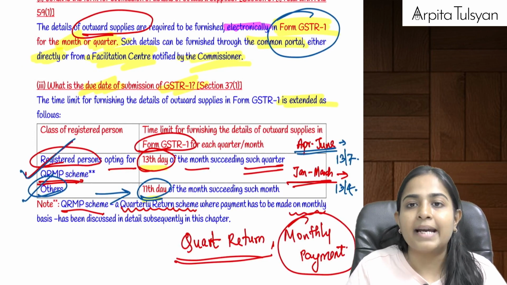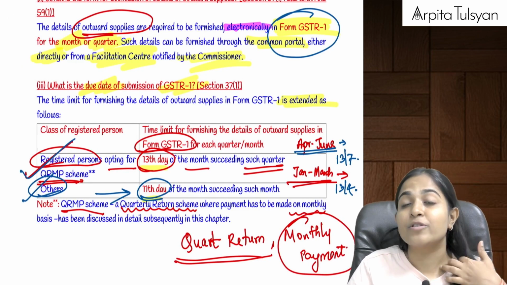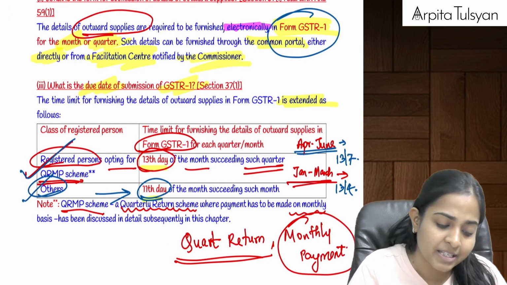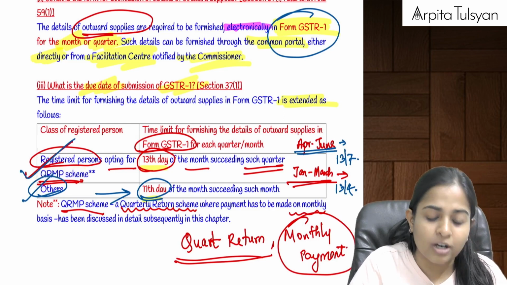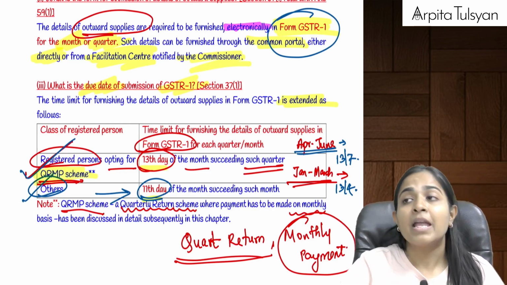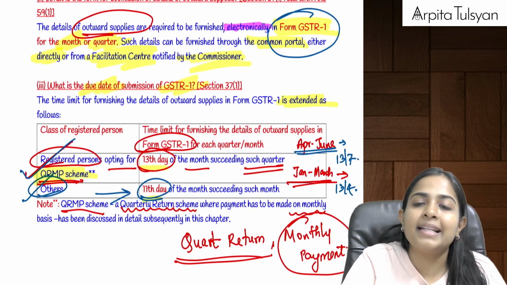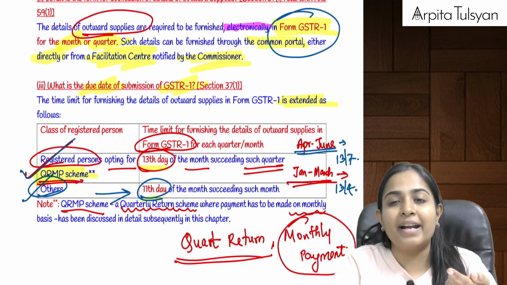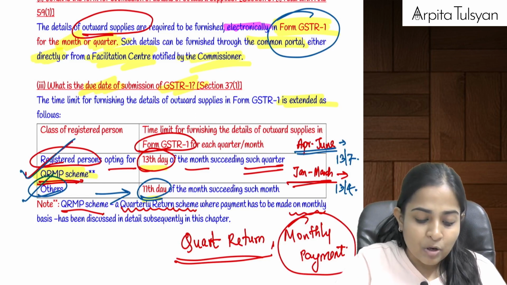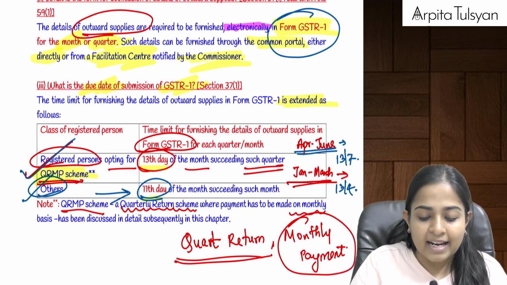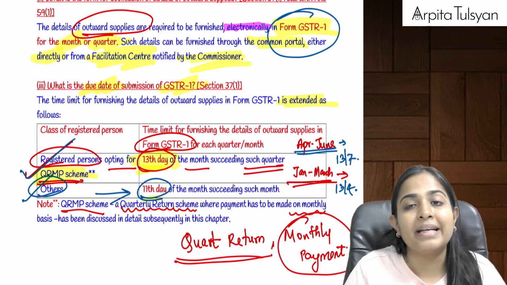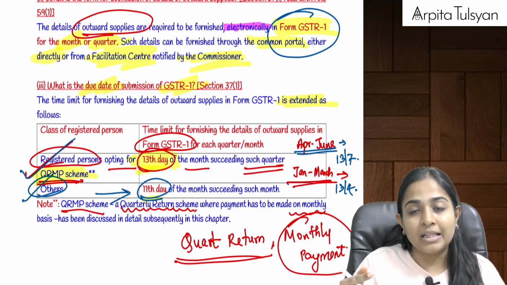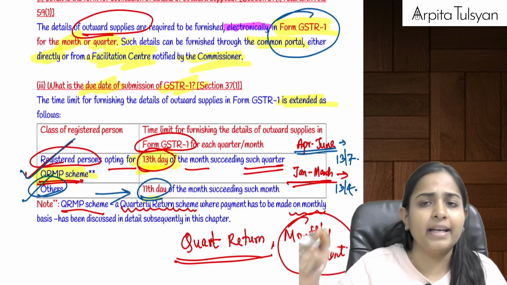But sometimes they have given an option to some registered persons for the QRMP scheme. QRMP scheme means that they are allowed to file the return on a quarterly basis, but payment will be done by them on a monthly basis. They are required to file this GSTR1 by 13th of the month following the end of the quarter.